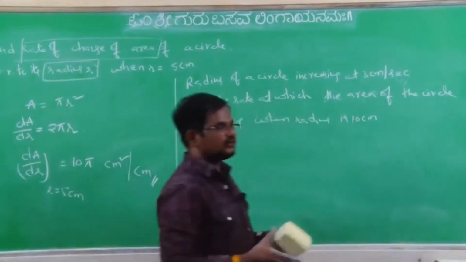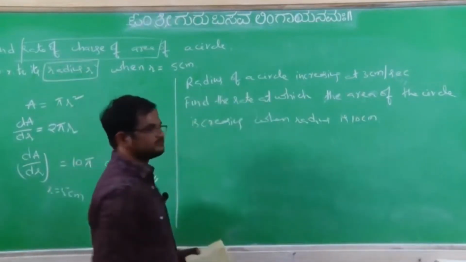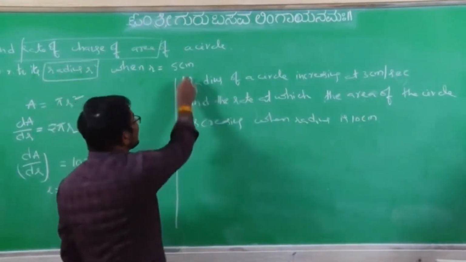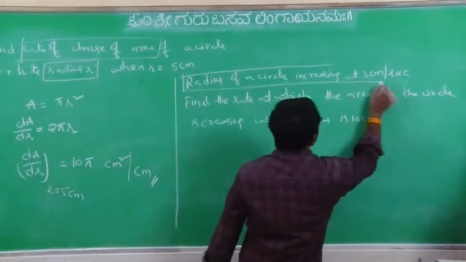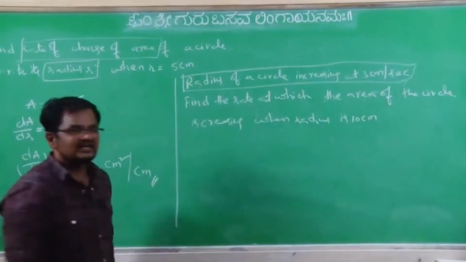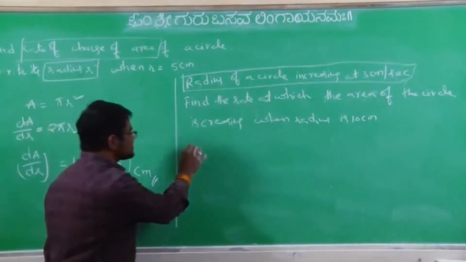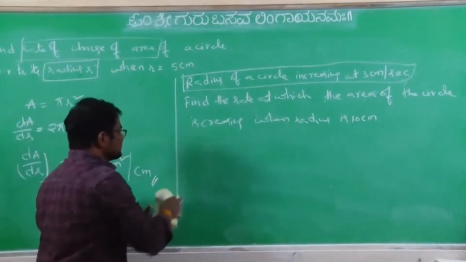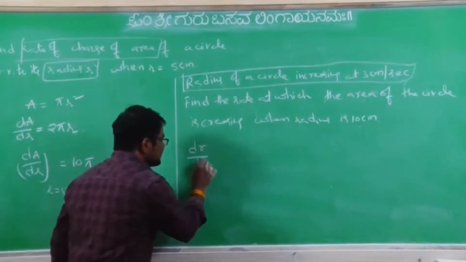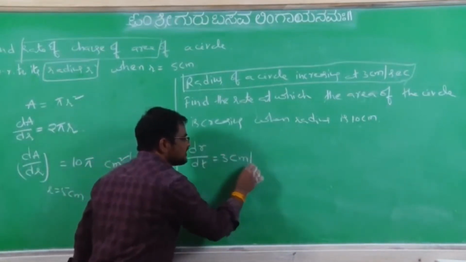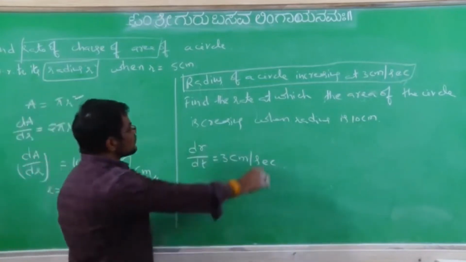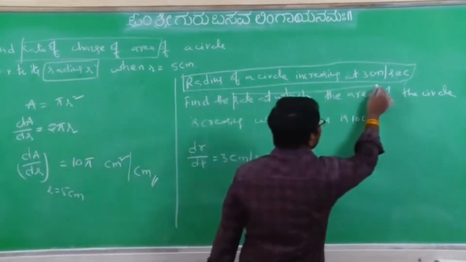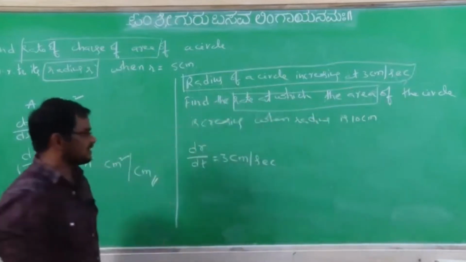Now here what we have to do? Difference between this problem and the first problem: here radius is also increasing. The radius of the circle is increasing at the rate of 3 centimeters per second, meaning dr by dt equal to 3 centimeter per second is given. Next, they are asking to find the rate of increase of the area of the circle.